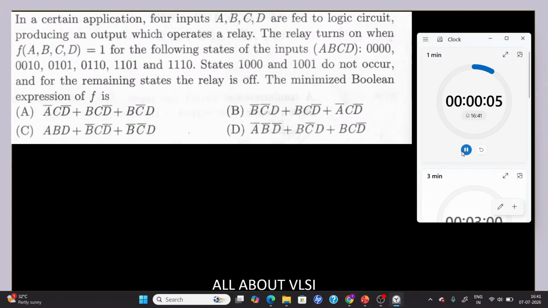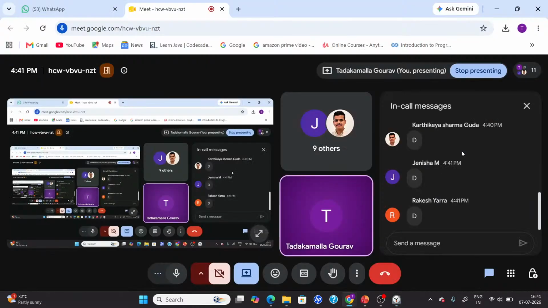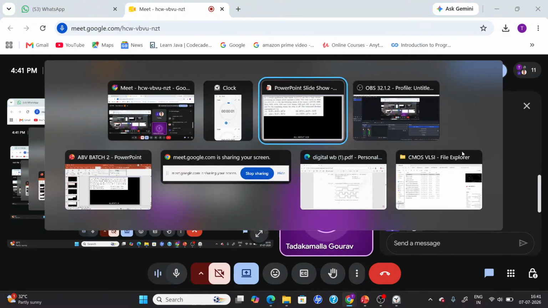Okay, last 5 seconds. Option D. Great, great. Okay, so let's see how to solve this particular problem.